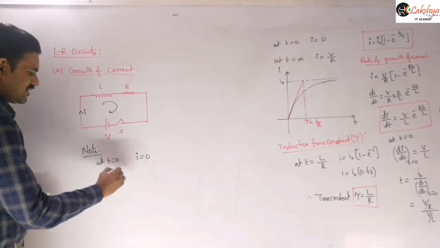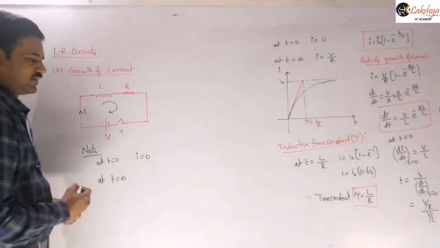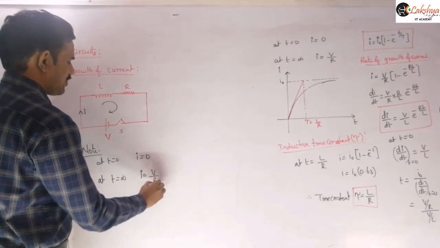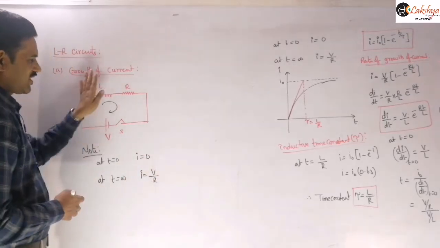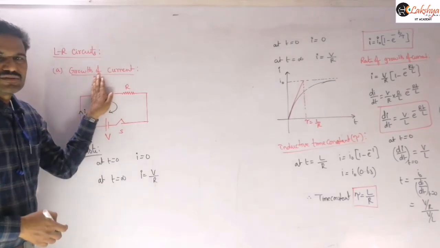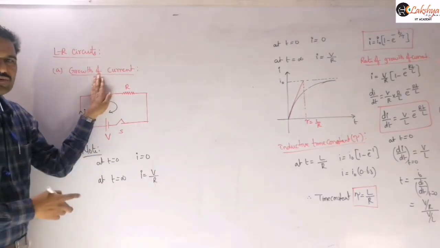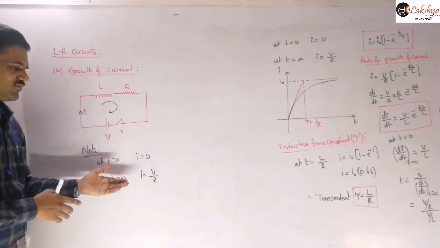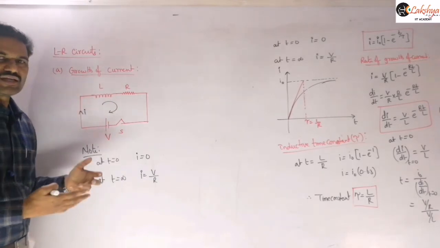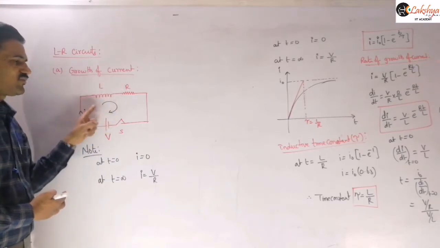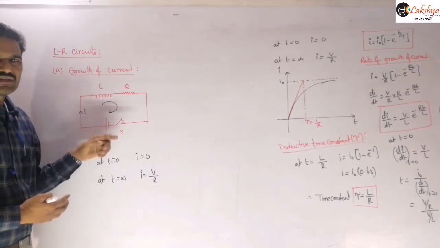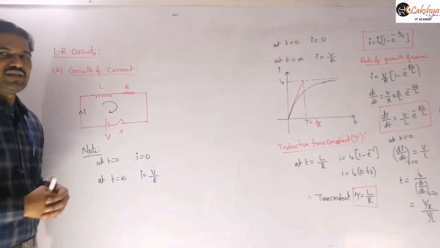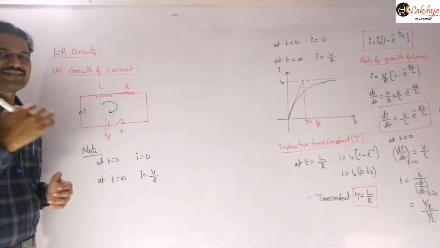Next, at t is equal to infinity, I is equal to V by R. Now, if for example inductor is not there in the circuit, then current flowing through the circuit is V by R. Even after inductor is present also, we are getting the current as V by R. That indicates that there is no role of this inductor. Is it clear? That is after infinite time, that means we can call it steady state.